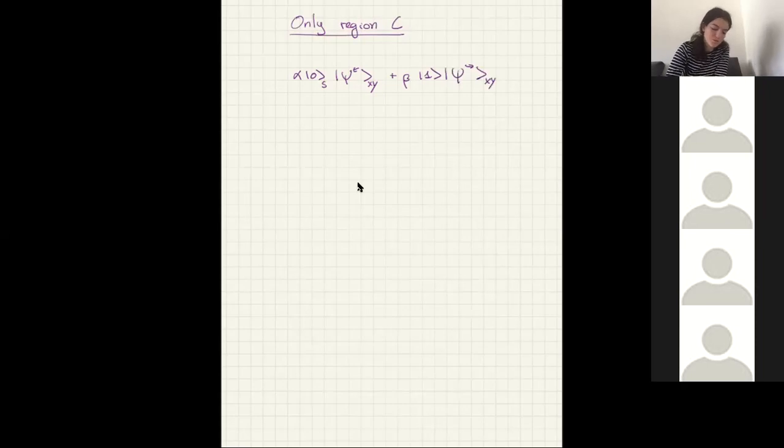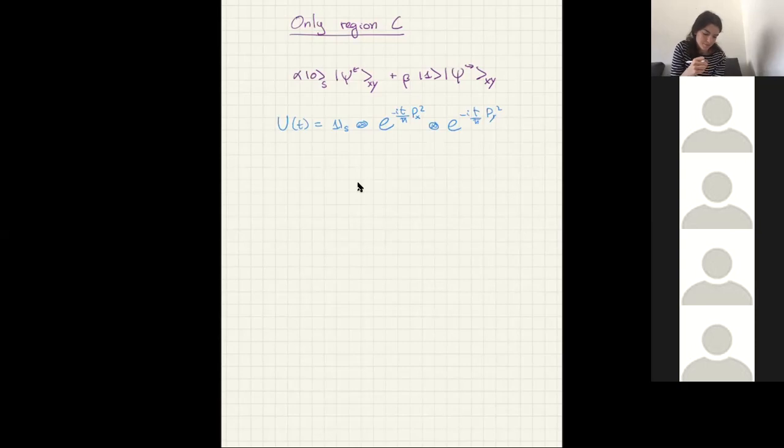Okay, we still need to evolve this state and then see what happens to the variable that we want to measure at the end, which is going to be x, right? So then we need to evolve it with U of t, which is going to be the identity on S times e to the minus i t p_x squared, and so on and so on.